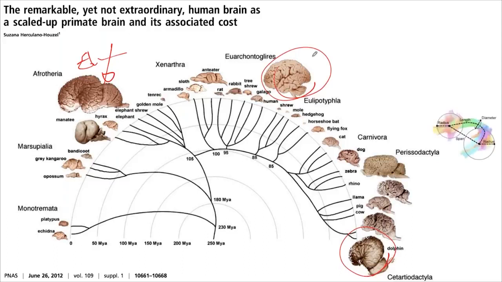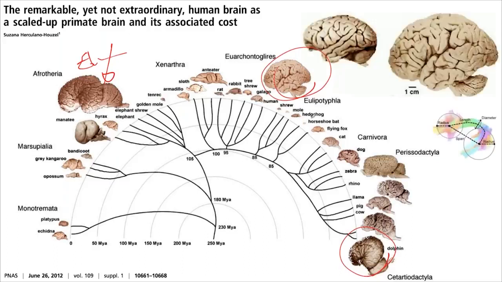This is a chimpanzee brain. It's amazing that in the chimpanzee brain, we have both the Broca area and the Wernicke area. These two areas are here in both chimpanzee and human beings.